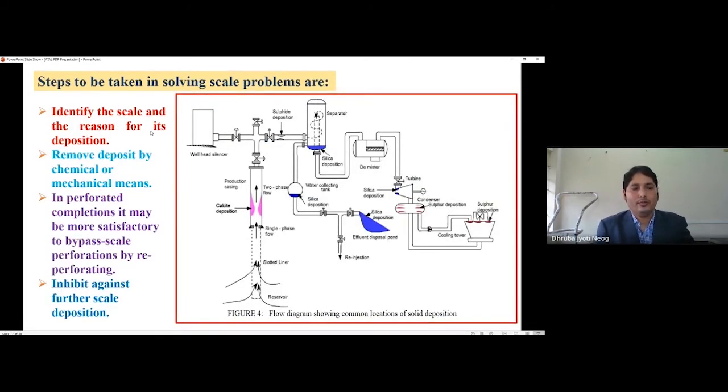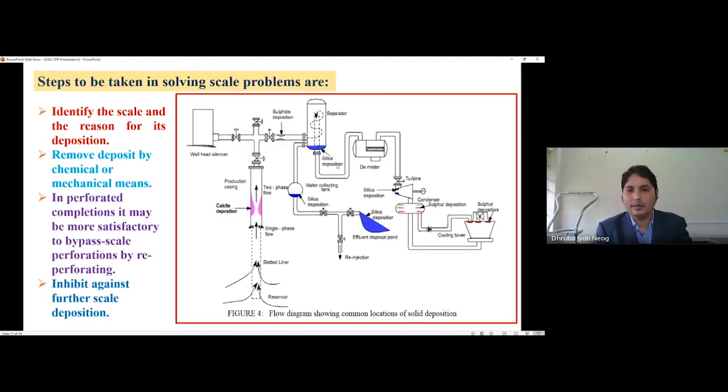So it is required first to identify the cause of the scale, why scales are formed, and what the composition of the scales is, and based on that, we have to find out how to remove them. Whether a mechanical or chemical method will be suitable, we have to determine based on their composition.